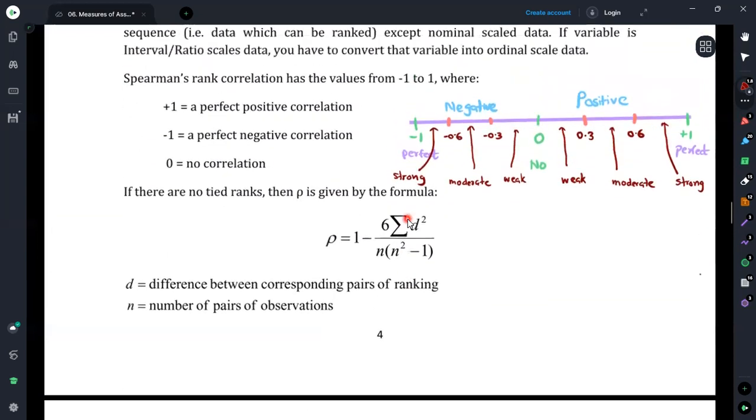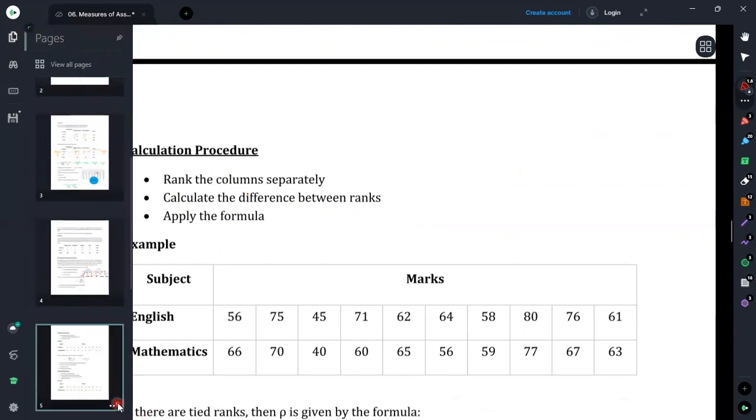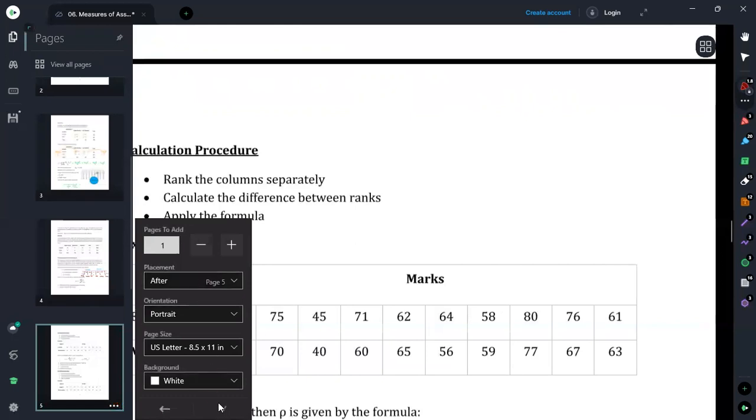And for the calculation procedure, as the first thing we need to rank the columns separately, and thereafter we need to calculate the difference between the ranks, and thereafter we need to apply the formula and substitute the values to obtain the Spearman's rank correlation coefficient.